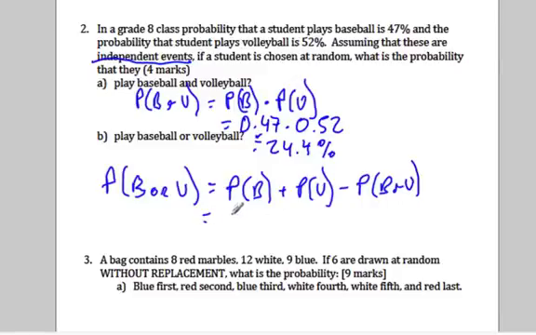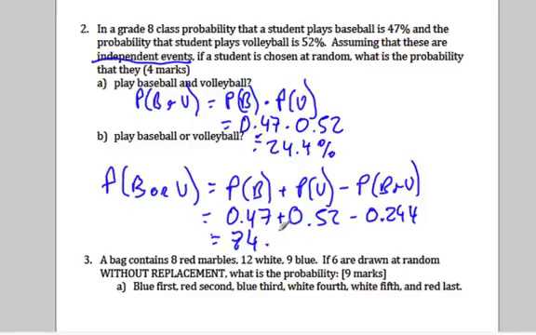So this works out to be 0.47 plus 0.52, subtract 0.244. And that comes out to be approximately 74.6%.